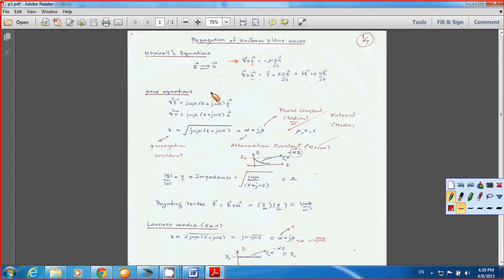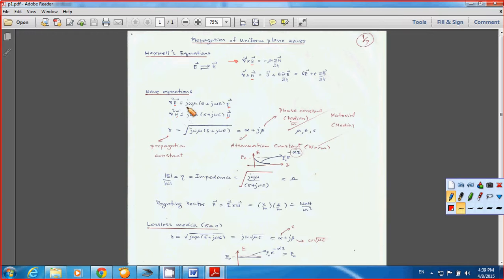Okay, so you have two equations, and I already talked about them before in electromagnetics. Now you can also write the wave equations in terms of only the electric field and only the magnetic field.